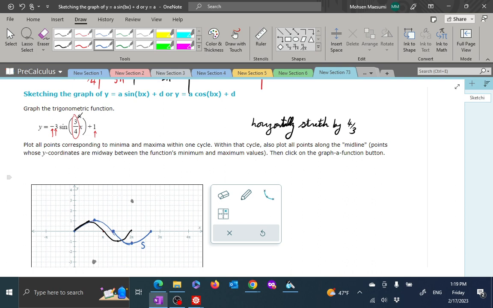So that is sine of 3/4 of x. Now multiplying by minus 3 makes it this. This is minus 3 times sine of 3/4 of x, and then you want to add 1 to this.